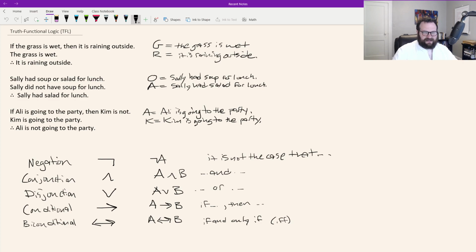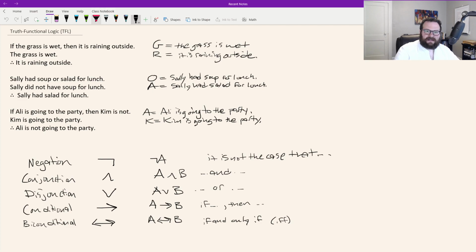So you can see it's a very strong relationship. A and B are ultimately both going to be true, or they're both going to be false. Okay. So now that we know what our connectives are, these are the only ones we have within this system, we can return back to our examples and finish the translating.